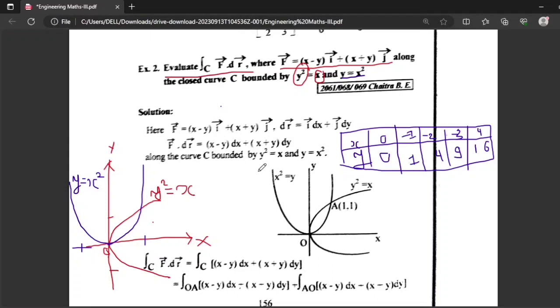The next step is to find the limits bounded by y squared is x and y is x squared. That is, from here to here, we need to find the limit.